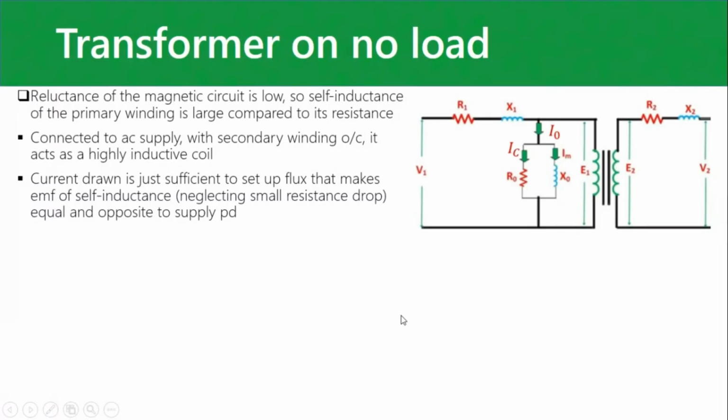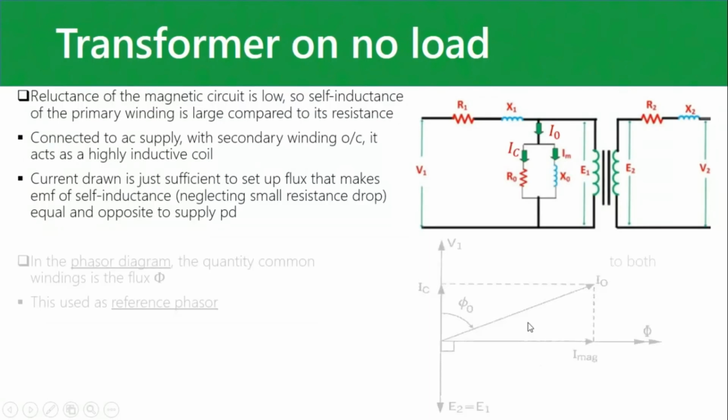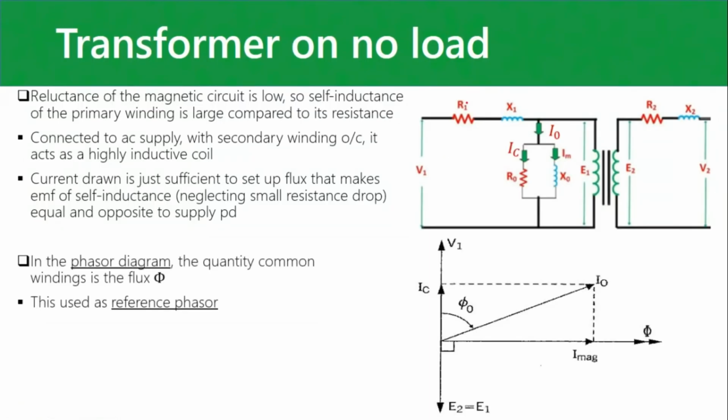All right, so now with the transformer on load, this is going to be our equivalent circuit of the transformer. You can see here we've got the resistance and reactance of the secondary. That's our V2, the terminal voltage. When you go on load and you get I2 flowing in here, what happens? I2 flows through this internal impedance of the secondary.